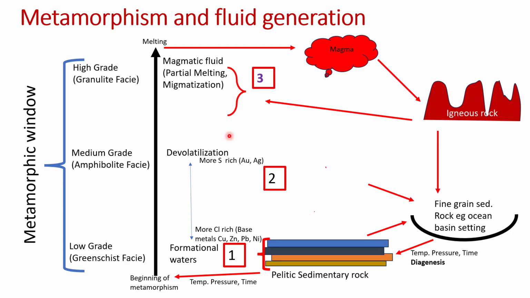So as the rock continues to crystallize to form a rock, this large chunk or bundle of materials is concentrated within the fluid. Because they are incompatible with the solid phase. Why are they incompatible with the solid phase? Because of their ionic radii, because of their size, charge of the ions.